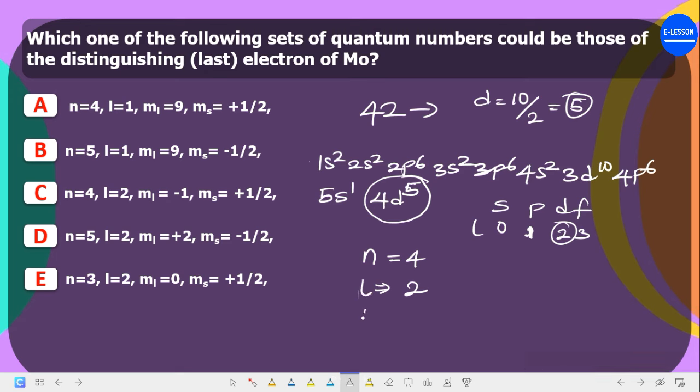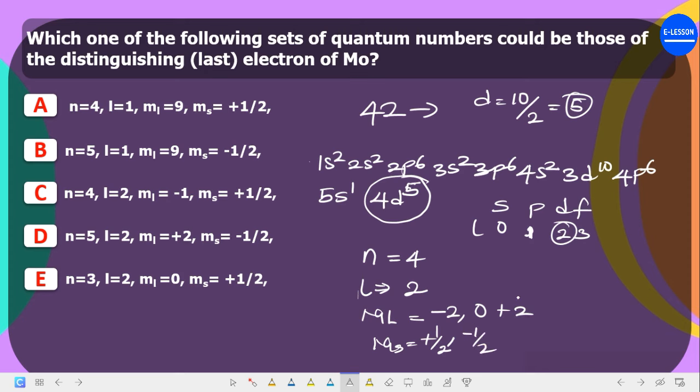And then our ml can be -1, -2, it can be anything. Then our ms can be plus half. So our ml value can range from -2 through 0 to +2, while our ms can range from +half and -half.